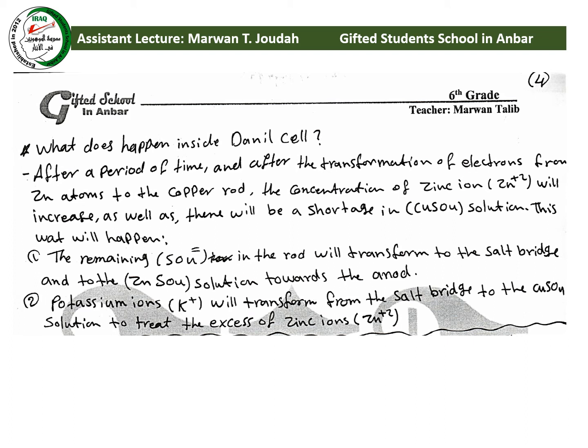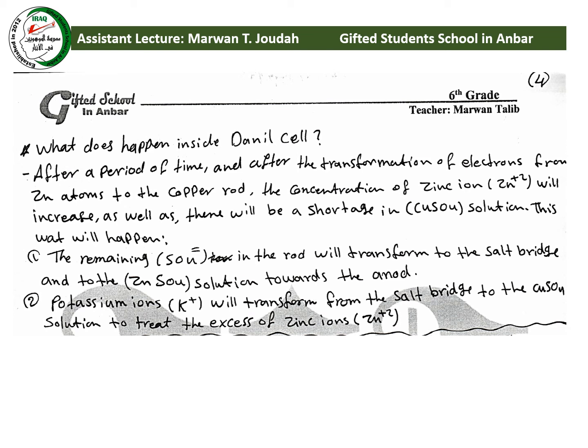What happens inside the Daniell cell? After a period of time and after the transfer of electrons from Zn atoms to the copper rod, the concentration of zinc ions will increase, and there will be a shortage of ions in the CuSO4 solution.